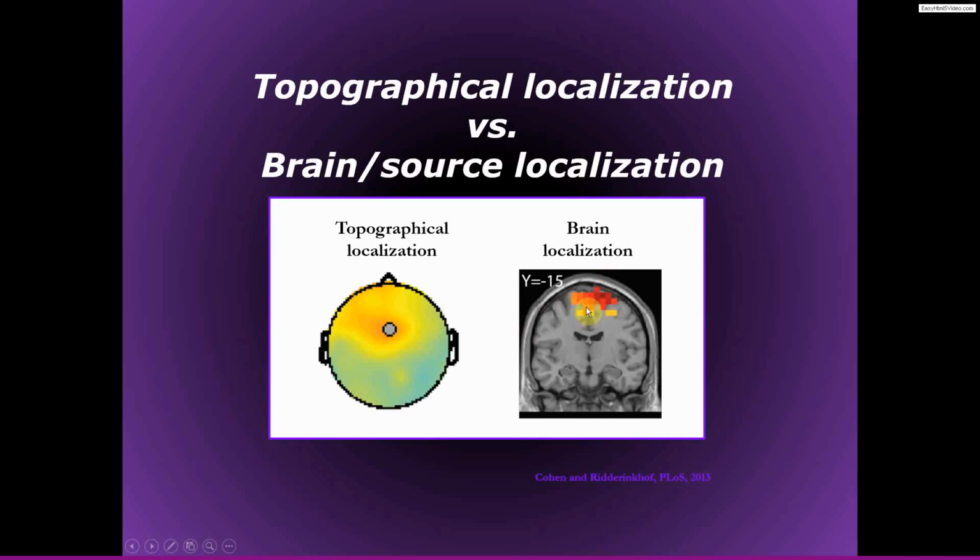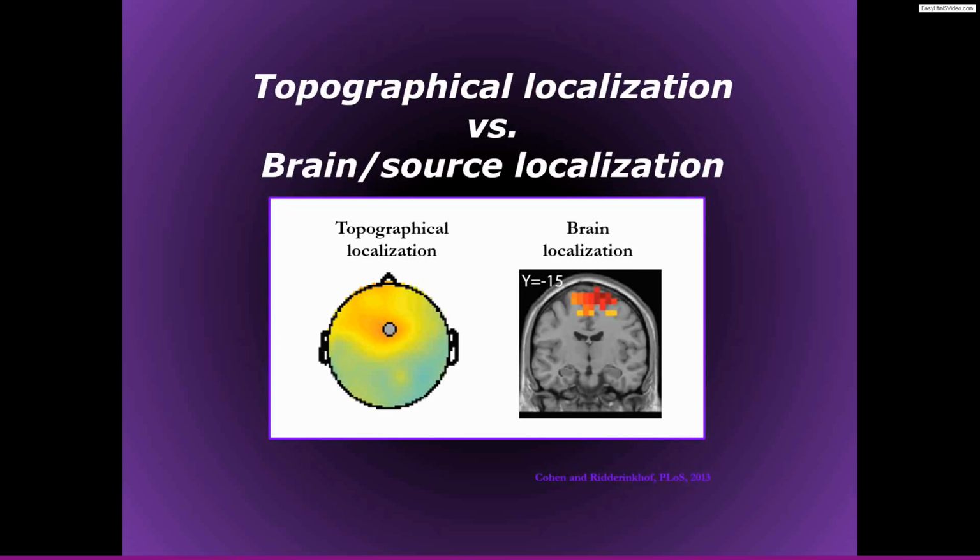Brain localization, of course, we want to make an inference about where in the brain this activity may have come from. And brain localization or source localization does require specific algorithms like dipole fitting or beamforming or any other source localization algorithm. Source localization requires some assumptions.